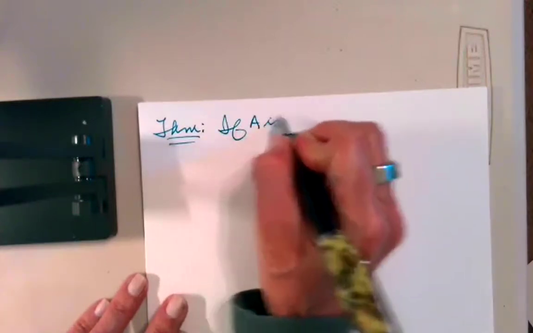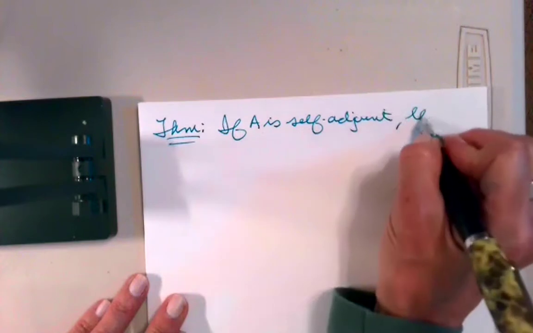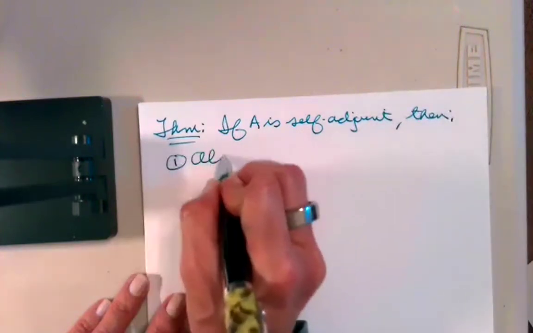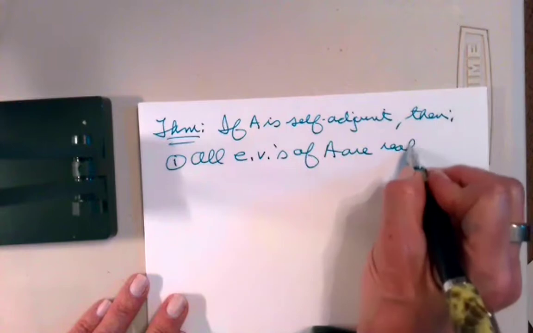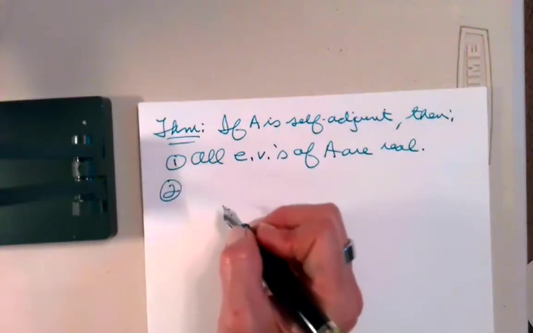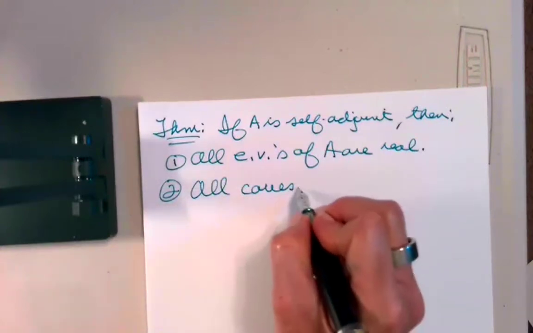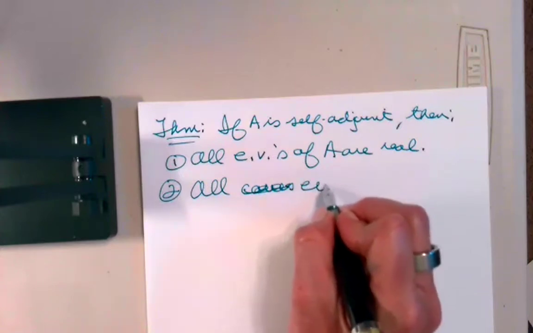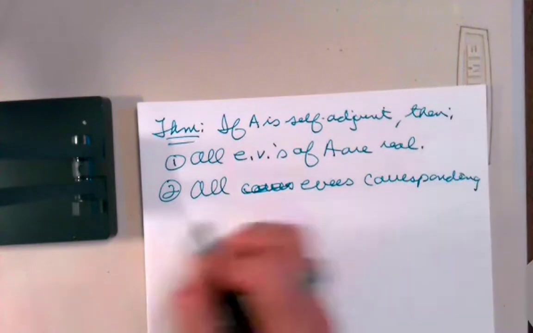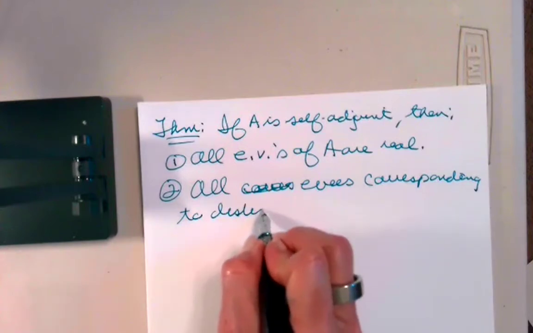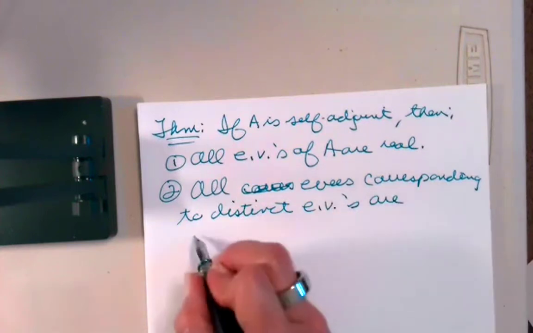If A is self-adjoint, then 1, all the eigenvalues of A are real. 2, all the eigenvectors corresponding to distinct eigenvalues are orthogonal.